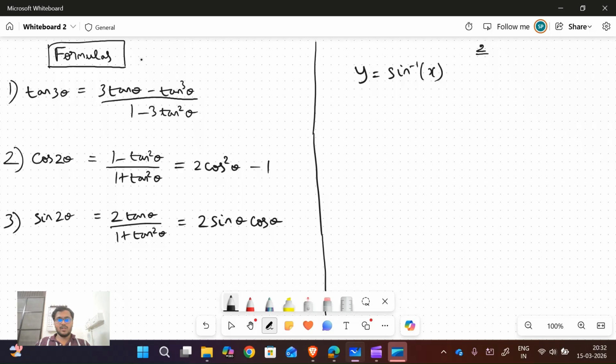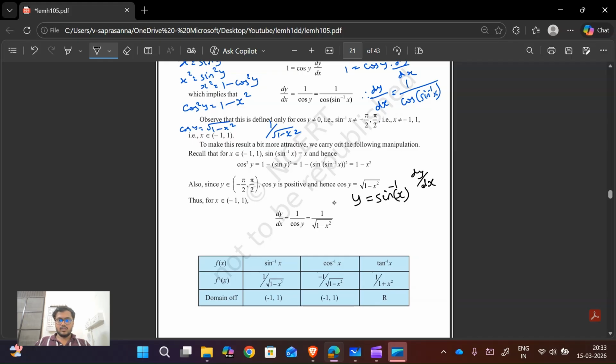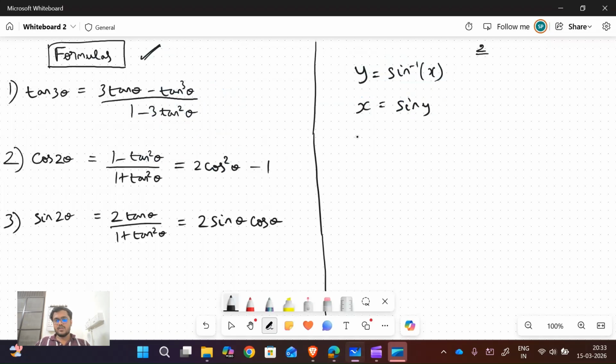Before that, you have to remember all these formulas from 11th standard. I've just written them in case you forgot, because these formulas will come in handy for the questions in NCERT as well as any other board exam related questions. So now this is nothing but x equal to sine y. We know that sine square x plus cos square x equal to 1.